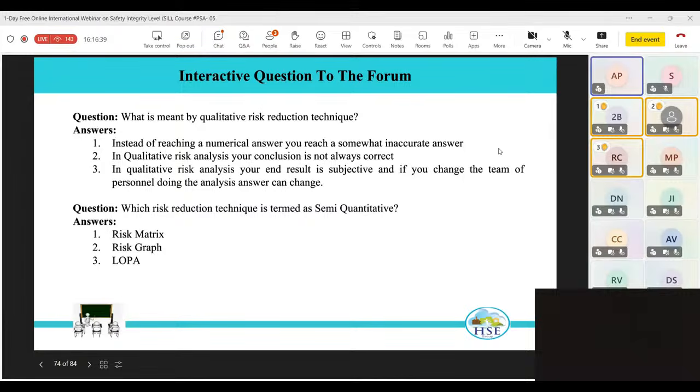Now with this, before starting part 4, we will have a 10 minutes break. Okay, Shalini?